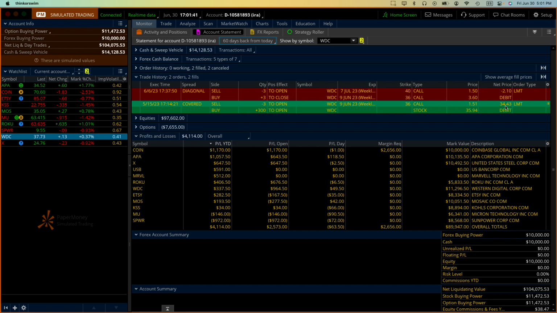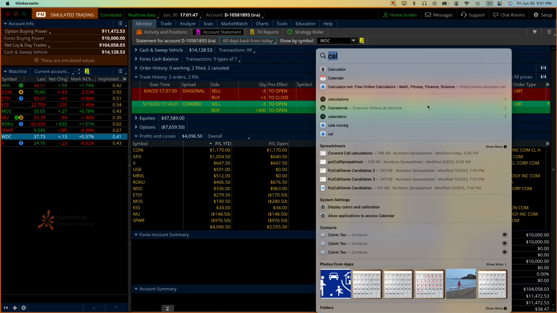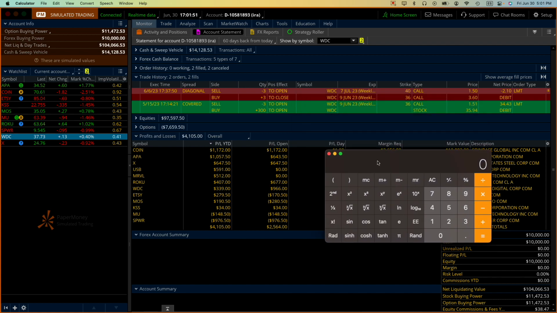So you see 3.43 minus 2.1. Again, the original price was 34.43. The rollover gave us a debit, so we have to add the value of the debit, which was 2.1. So the value of my trade is larger now.